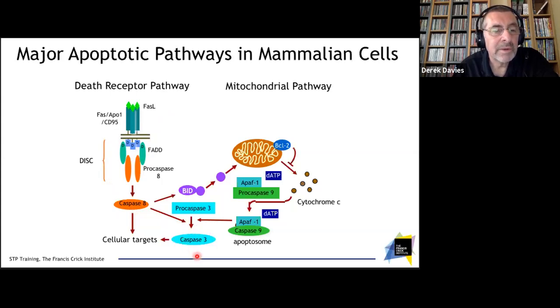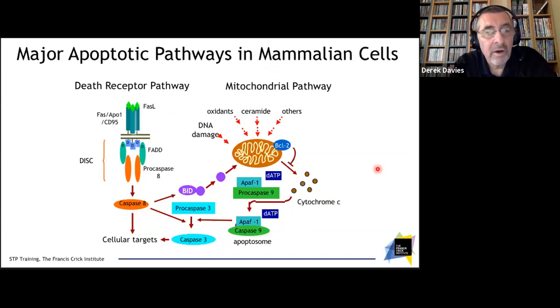And caspase 3 is sometimes referred to as the executioner of apoptosis. By the time that a cell has activated its caspase 3, it's a pretty irreversible process. It's going to die.